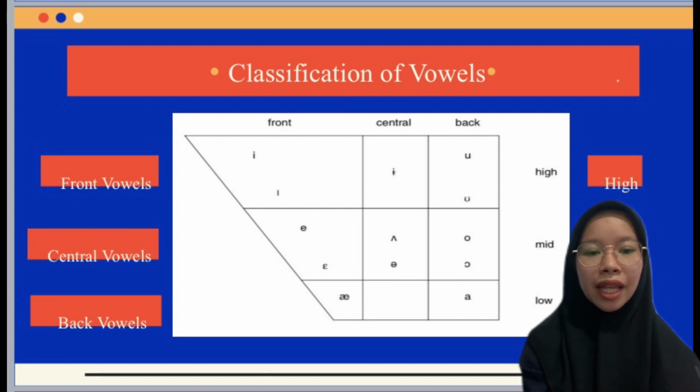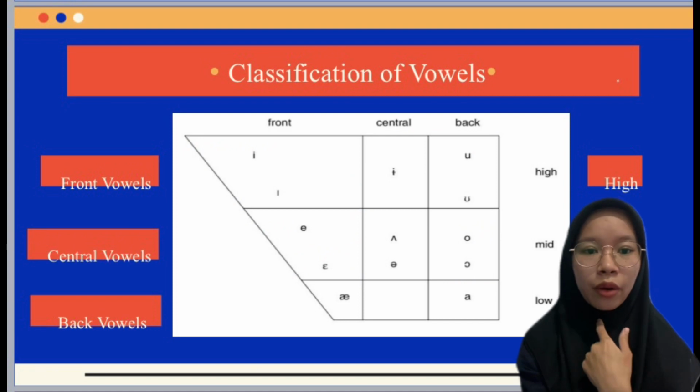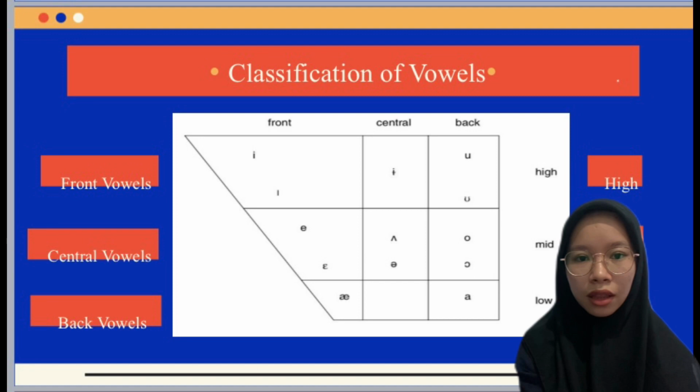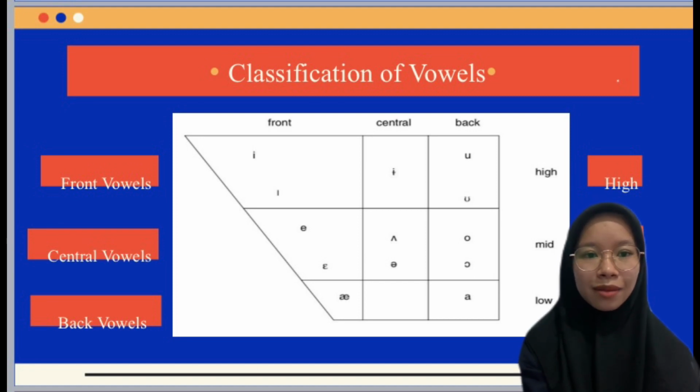And middle, just like the central vowels, the position of the tongue when pronouncing middle vowels is in the middle, neither forward nor backward. And the last is low. The body of the tongue will lower and the mouth will open when pronouncing low vowels, for example A.